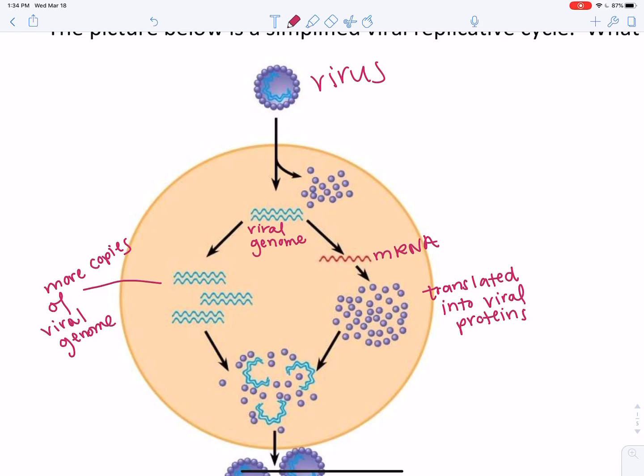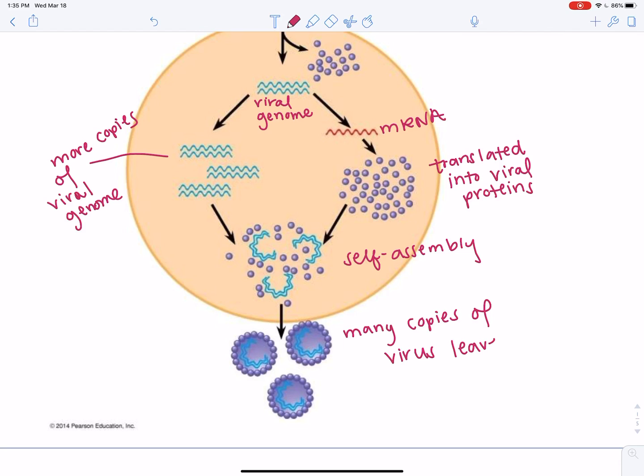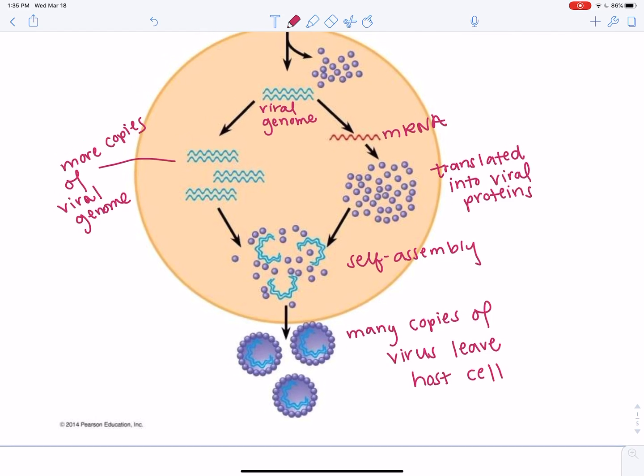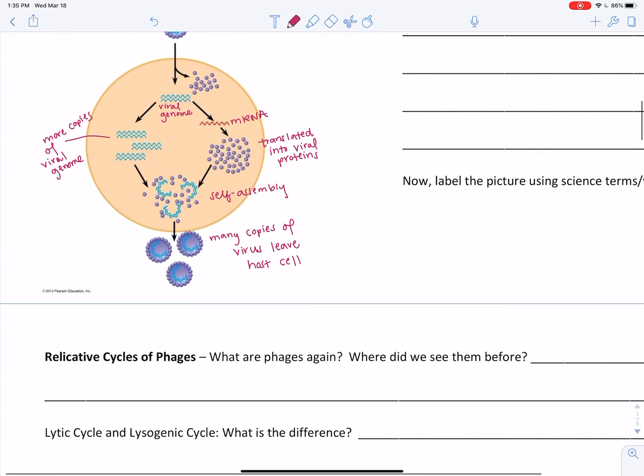So we have the host cell's machinery making more copies of the genome and more copies of the proteins, and then we're going to see the self-assembly. The viruses will get into shape, and then many copies will leave the host cell. Then those viruses can go and infect other cells and do the same thing and trigger infection. The host cell can be killed, so it can result in death for the host cell or just damage of it.